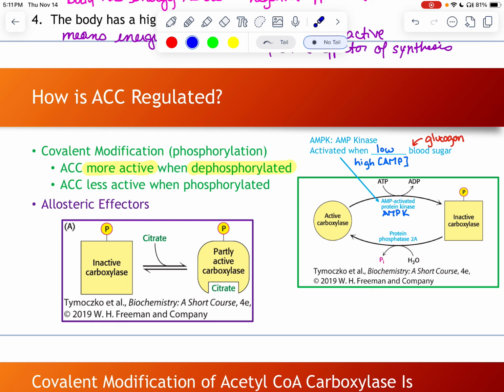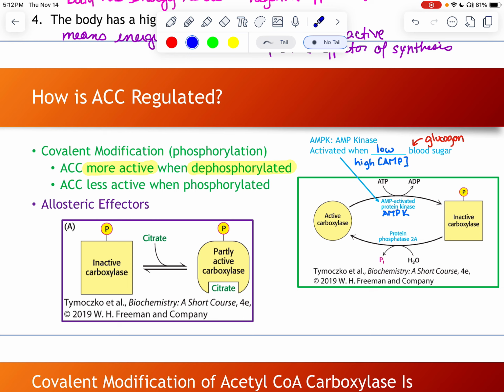So these two shapes, the circle and the square, are our ACC carboxylase enzyme, active when not phosphorylated, inactive when phosphorylated. What will determine if it's phosphorylated will be these energy needs, right?